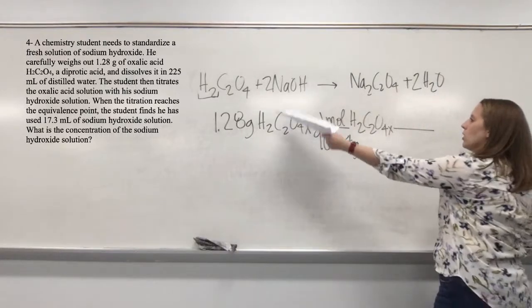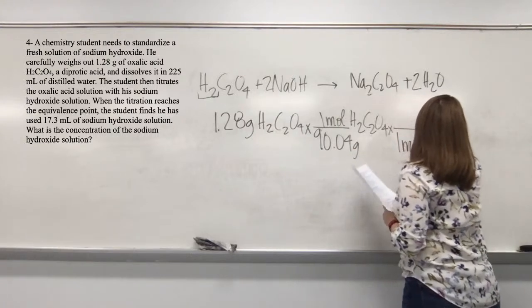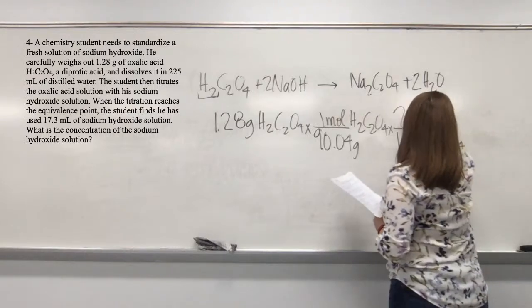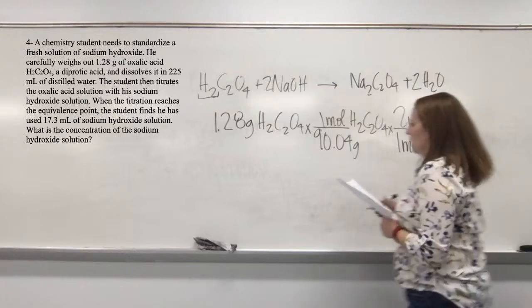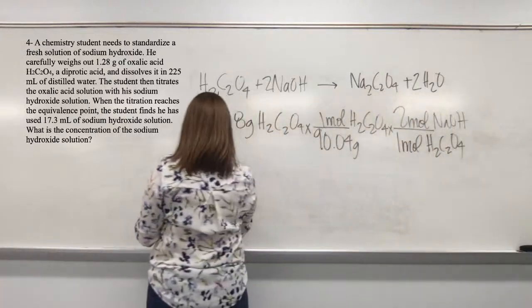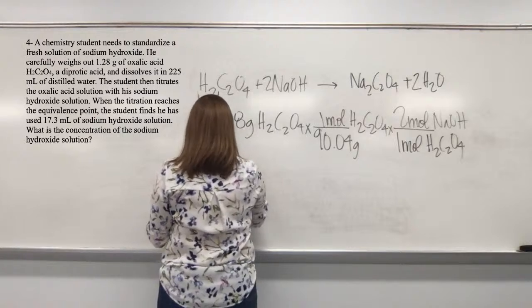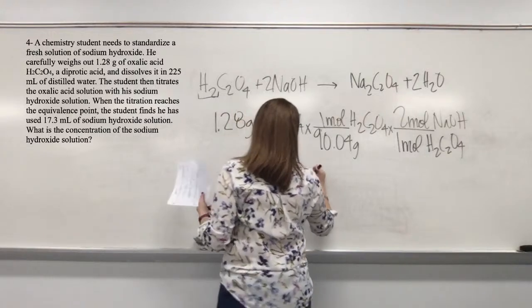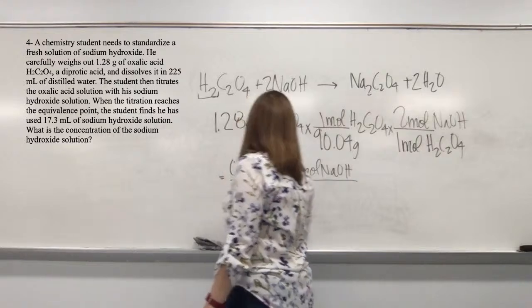Now we're going to convert to moles of sodium hydroxide. For every 1 mole of H2C2O4, we need 2 moles of NaOH. So that gives us 0.0284 moles of NaOH at the equivalence point.